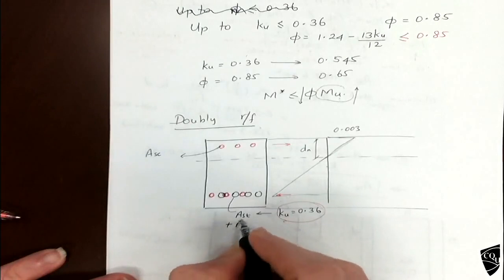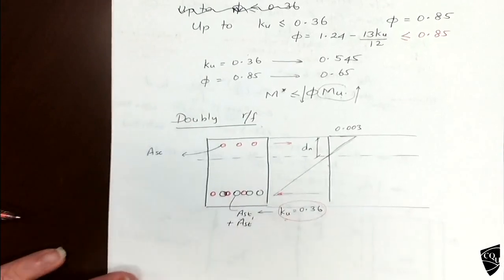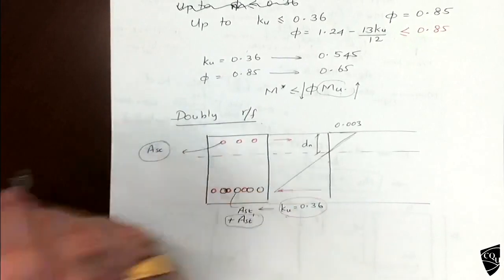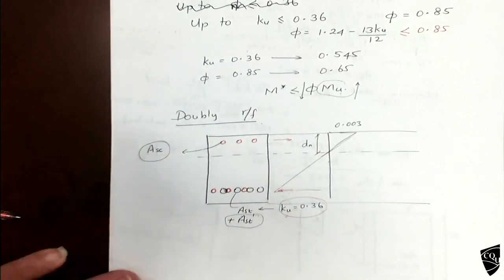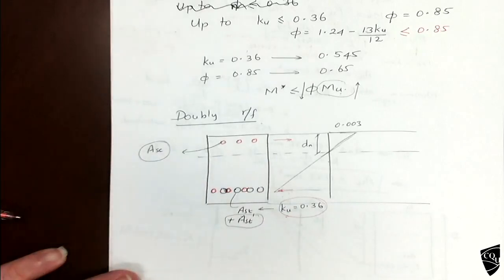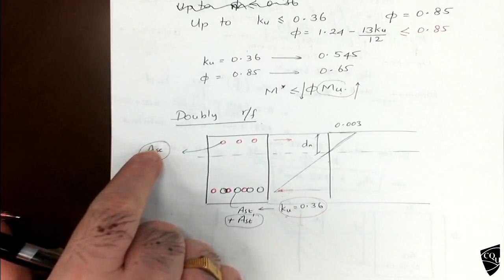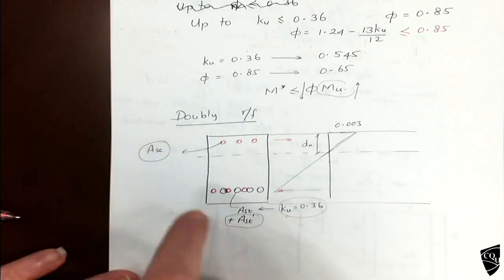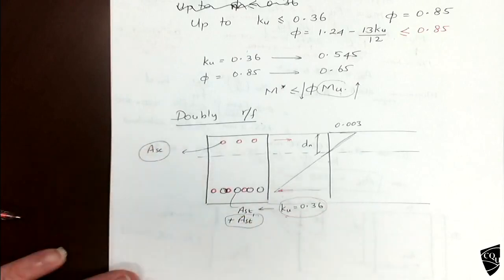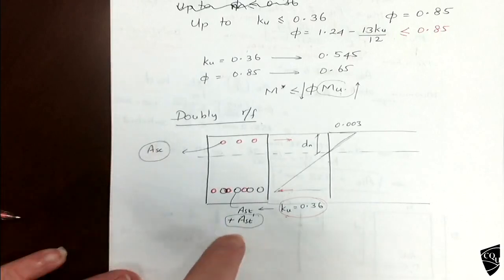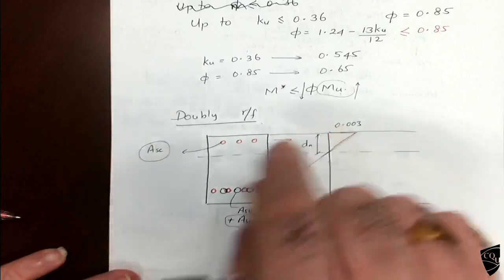We have some additional reinforcement, Ast dash, T for tension. The compression reinforcement and the tensile reinforcement give the same force. Whatever force is given by the compression reinforcement should be balanced by this one, so the dn doesn't change.